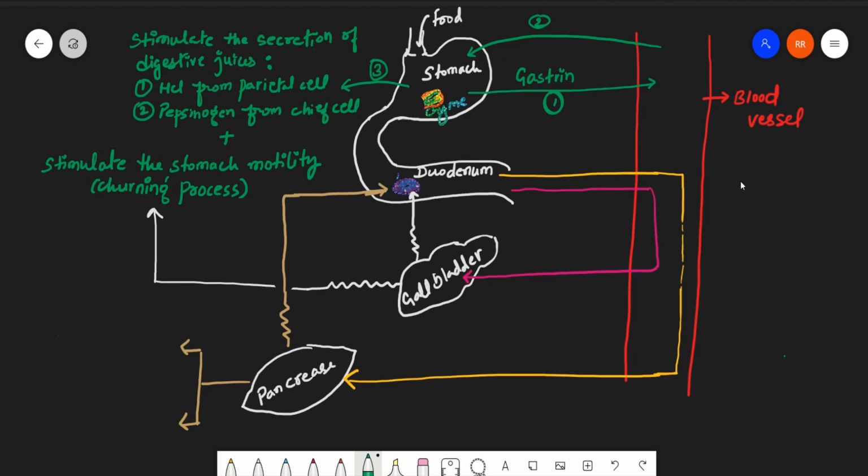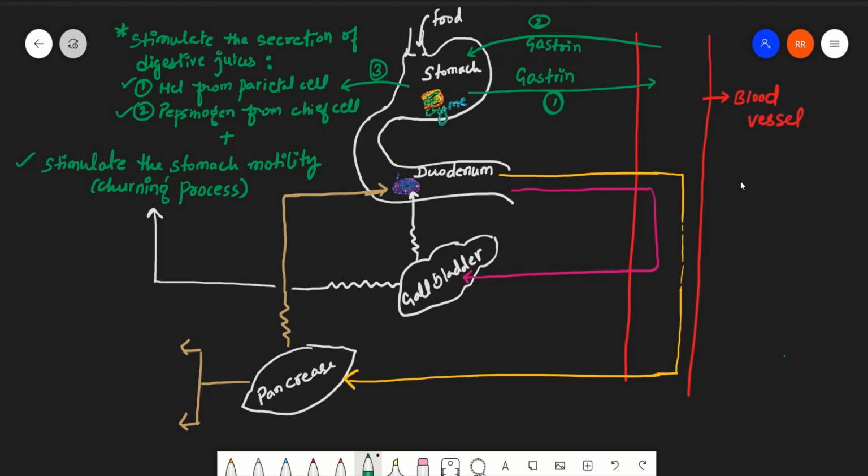This hormone will go into the blood circulation and then come back to the stomach, and once it comes back, it will stimulate the secretion of your digestive juices like HCl from the parietal cell and pepsinogen from the chief cell, as well as stimulate the stomach motility, that is the churning process.